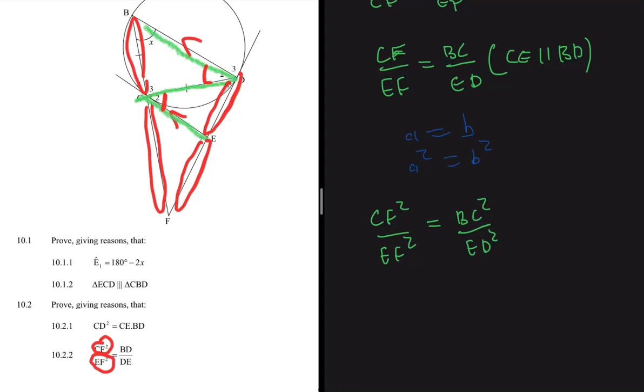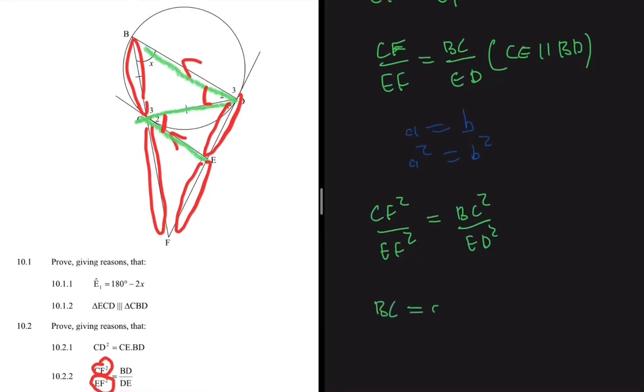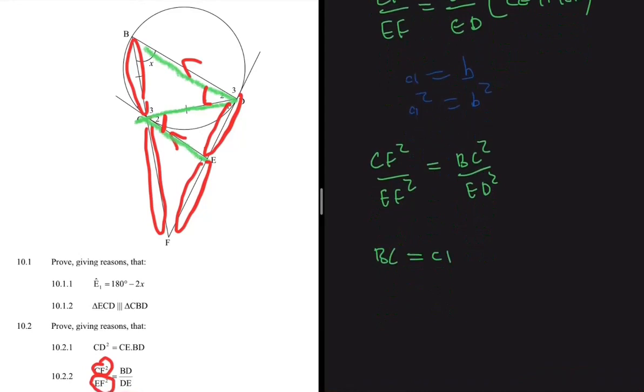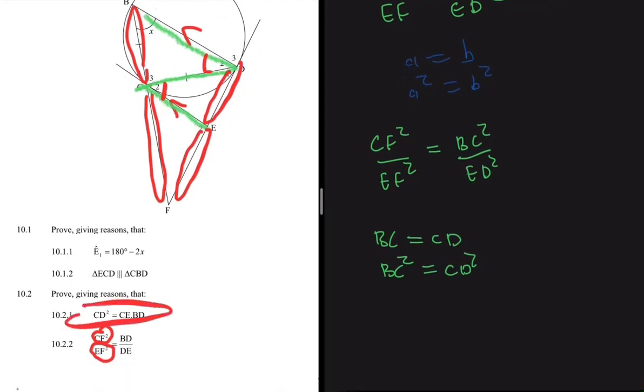Okay, 10.2.1. Now we know from our sketch that BC is equal to CD, right? So if BC is equal to CD, then BC squared should be equal to CD squared. And we know exactly what CD squared is equal to from 10.2.1, right? So in place of CD squared, we're going to put CE multiplied by BD. Here it is.